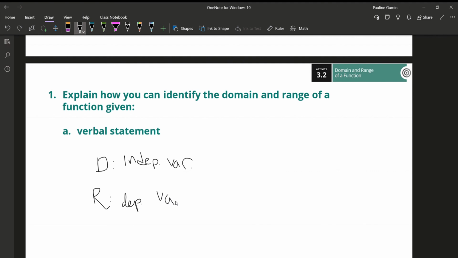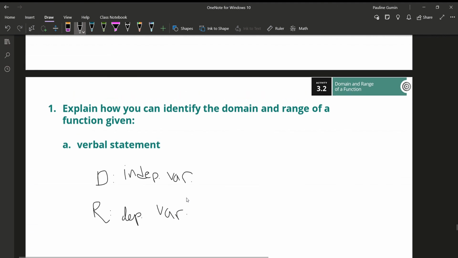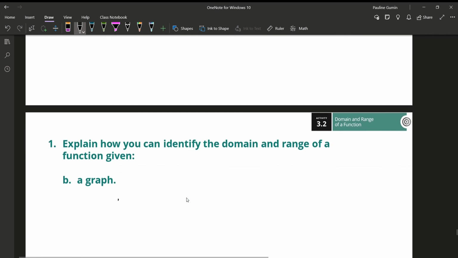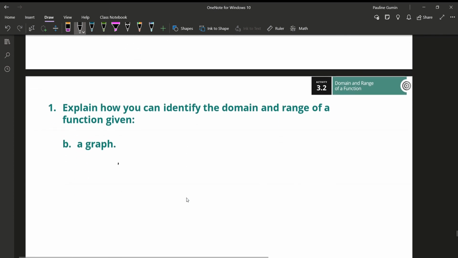And you have to read the problem and see what makes sense for that specific problem to be the independent, that becomes a domain, and the dependent becomes the range. If we're looking at a graph, however, or even a table, your domain is the set of x's, your range is your y's.